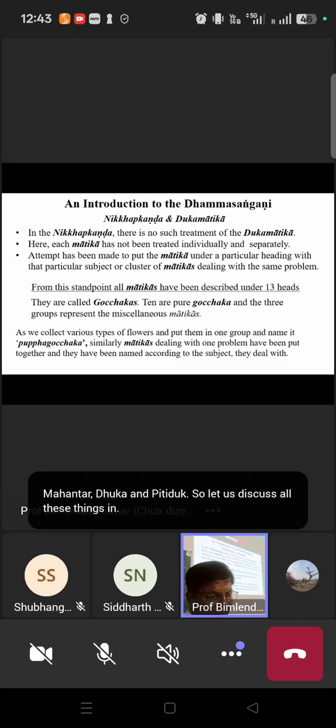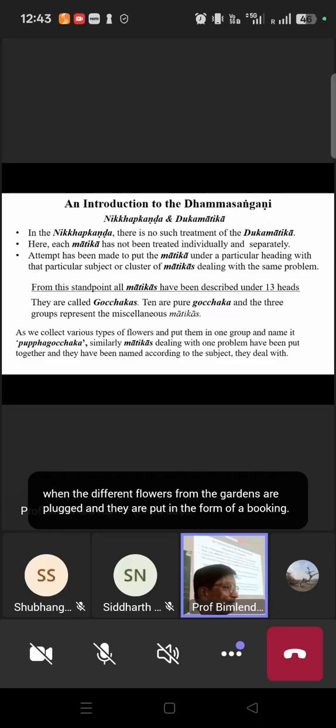So, the Gochakas are, in Pali, but in Hindi or in Sanskrit it is called Gucchaka. That is the gucha, when a cluster of flowers is put together. When different flowers from the gardens are plucked and put in the form of a bouquet, it is called a bunchlet or bouquet of flowers.